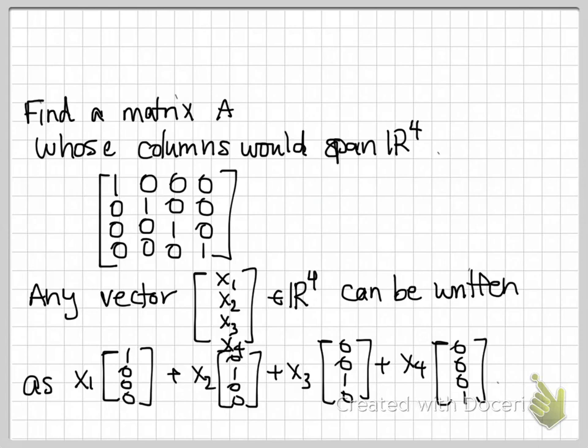Okay, so clearly this is going to span R4. However, not every matrix we're given is in such a simple form. All right, please work with this theorem, work in these sections, and email me or talk to me in class if you have questions.